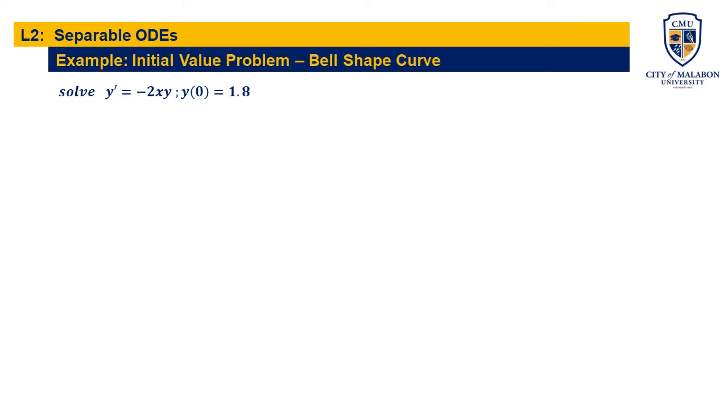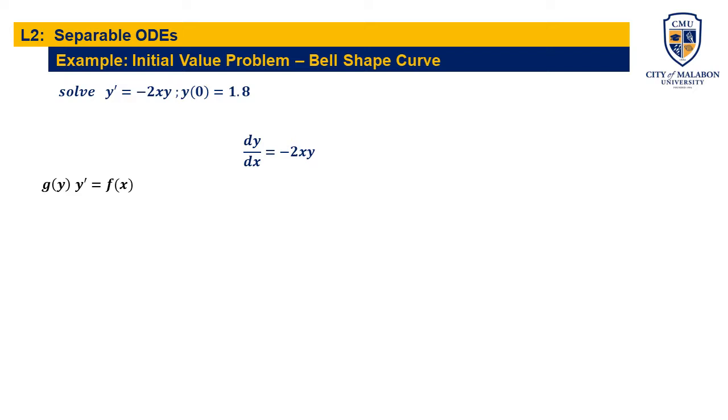Okay. So again, our first step is to rewrite our ODE into the form described earlier. So at first, we have dy dx is equal to negative 2xy.